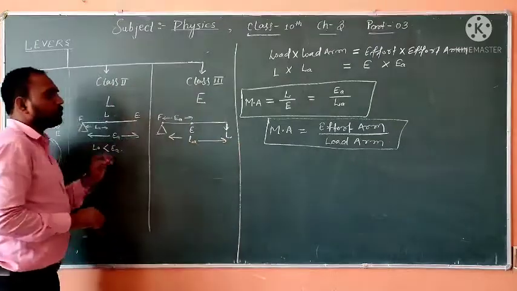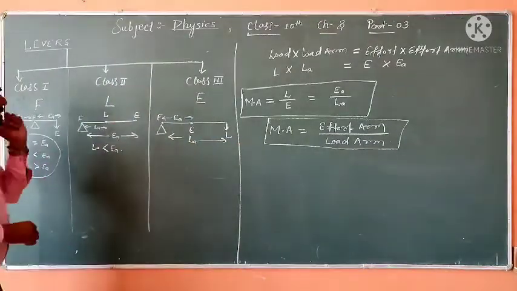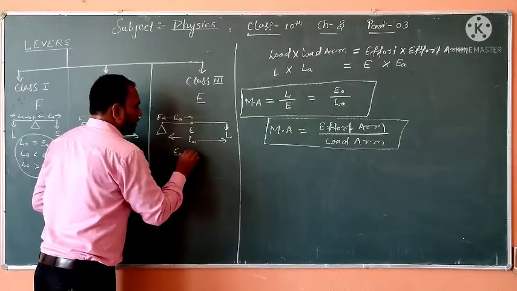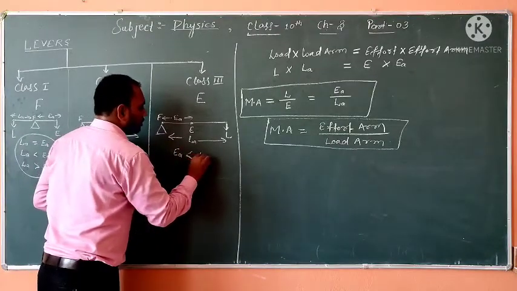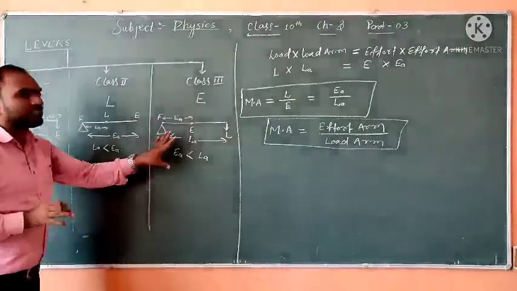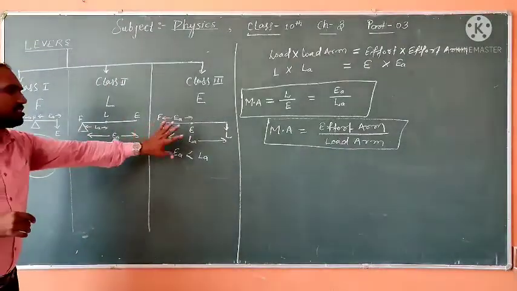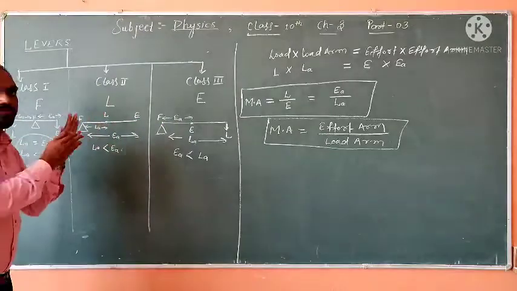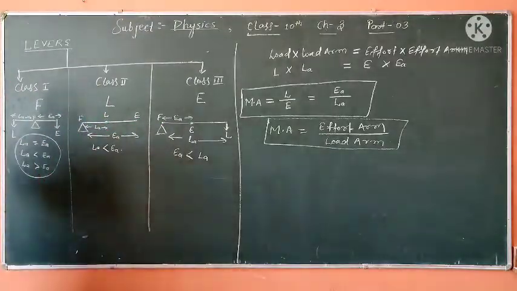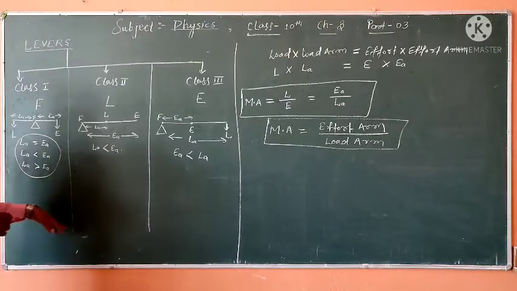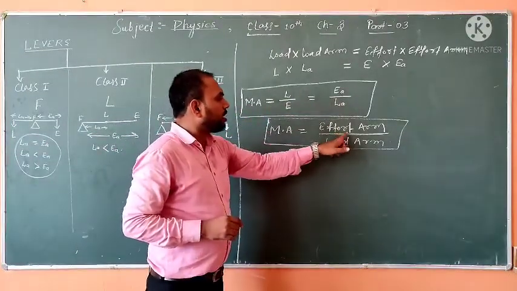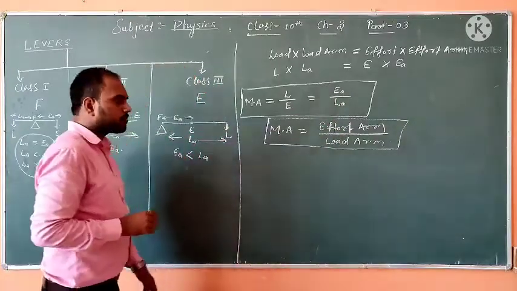As this picture is saying, I am not doing anything extra, I am just fragmenting all this. As we learn here, mechanical advantage of a lever is effort arm upon load arm.